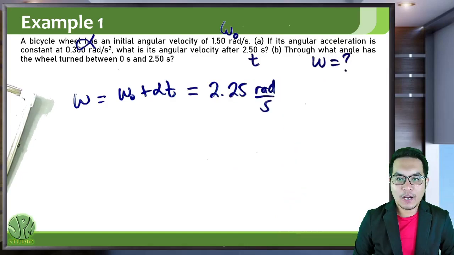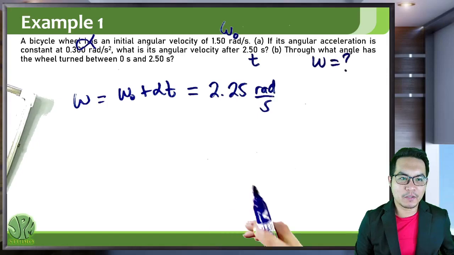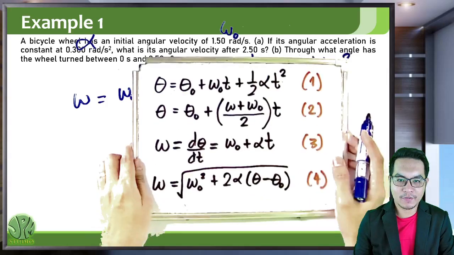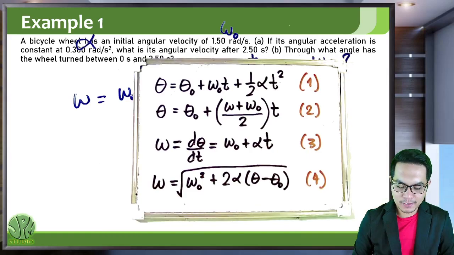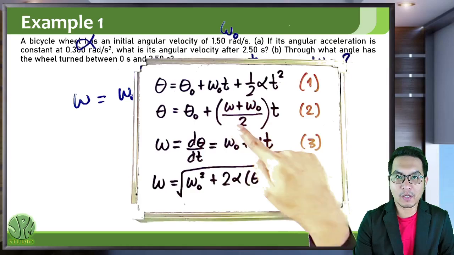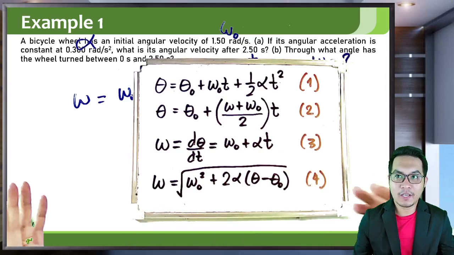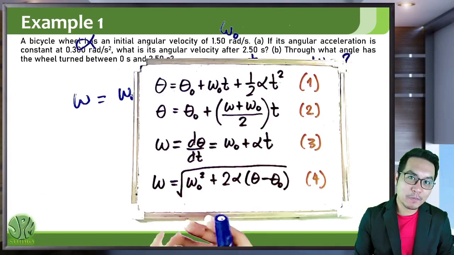Okay, how about the second problem? Through what angle has the wheel turned between 0 seconds and 5 seconds? Actually, in the previous problem, we derived another equation for that. It's this equation, equation number 2, where, if you will remember, this is the average angular velocity. If you want to average, say, n numbers, you add all of those n numbers and divide by n.